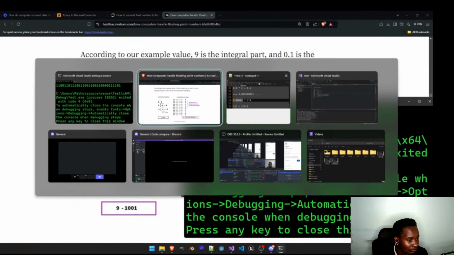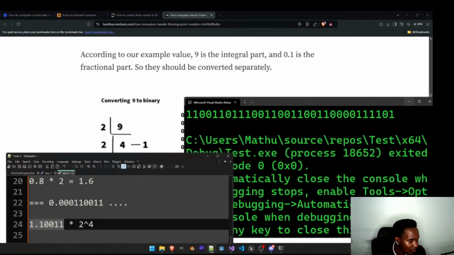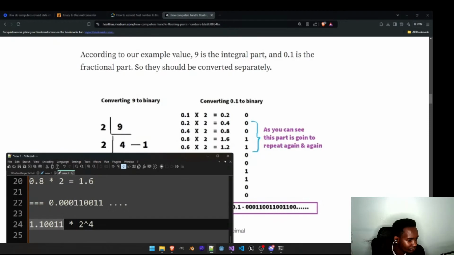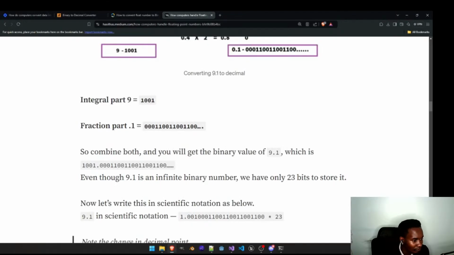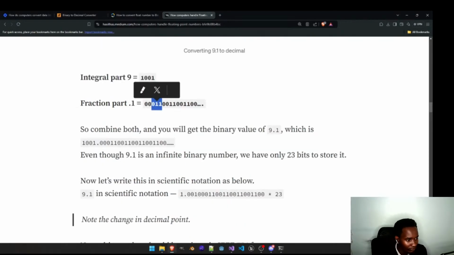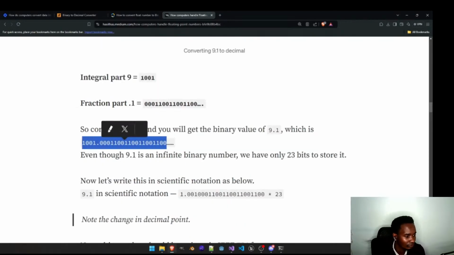So we have 0.0001100 and then it's repeating. So this is the integral part, this is the fraction part. So this is what the number would look like basically.